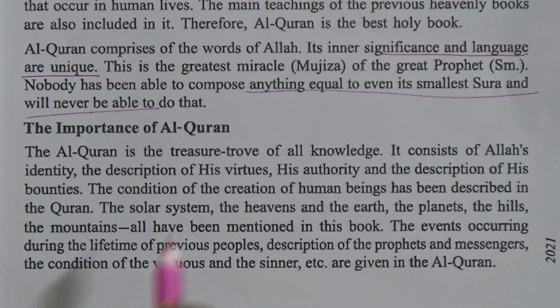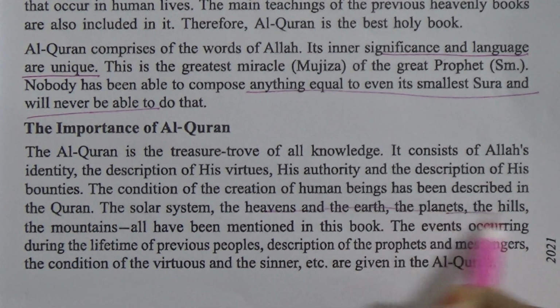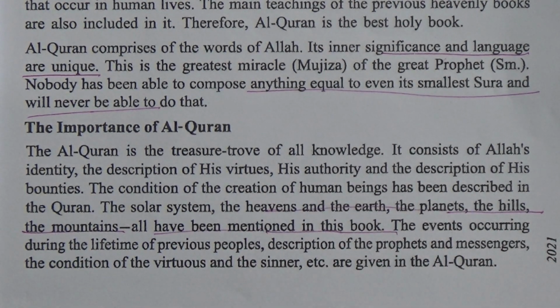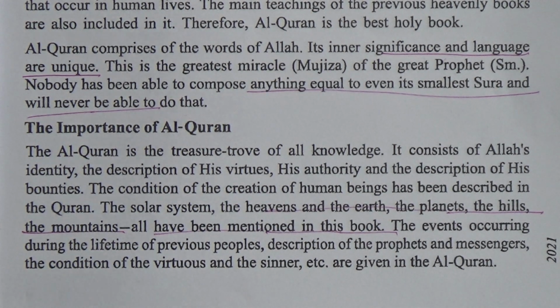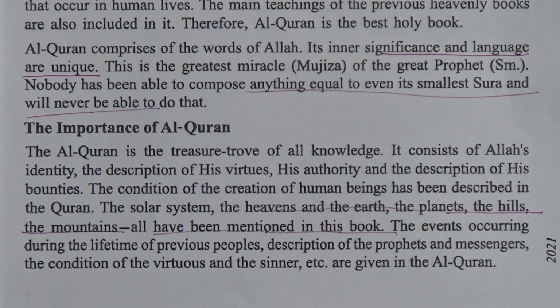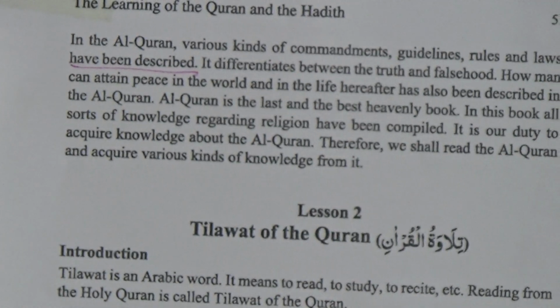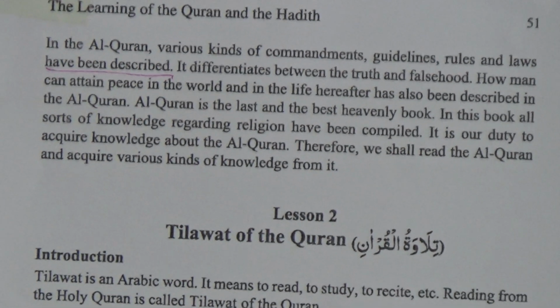The solar system, the heavens, the earth, the planets, the hills, and the mountains have all been mentioned in this book, as well as events that occurred during the lifetime of previous people. Various kinds of commandments, guidelines, rules, and laws have also been described in Al-Quran.